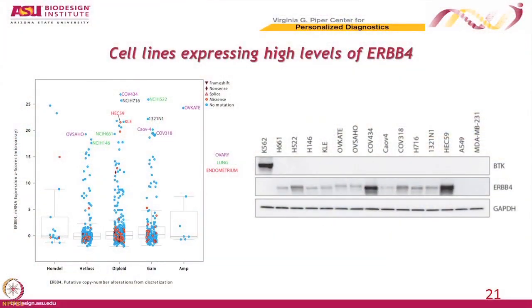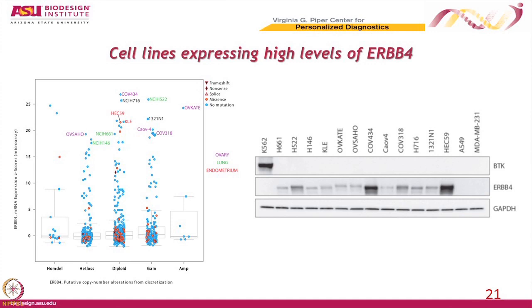So that's what we did. We searched the CCLE, a website that has thousands of cell lines and their gene expression labeled. And we scanned all those data, specifically searching for proteins that had high levels of ErbB4 and low levels of BTK. And then we ordered a bunch of them. And then the first thing we did was confirm by Western blot that these cell lines were as advertised.